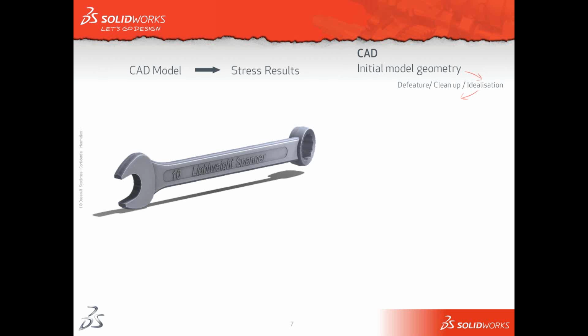Defeaturing refers to just suppressing or removing insignificant features. So for instance, the text that we see here where it says lightweight spanner, we don't really need that. It's not offering any support, any weakness, so we would take it out. Idealization refers to a much more aggressive form of defeaturing. So this is when we may start to depart from our actual CAD geometry.